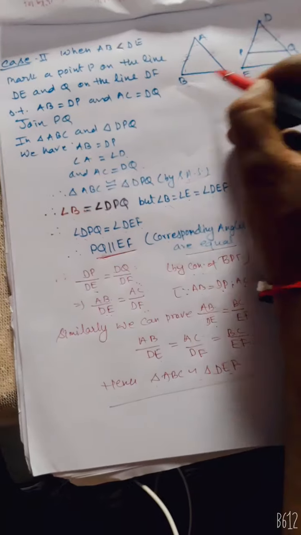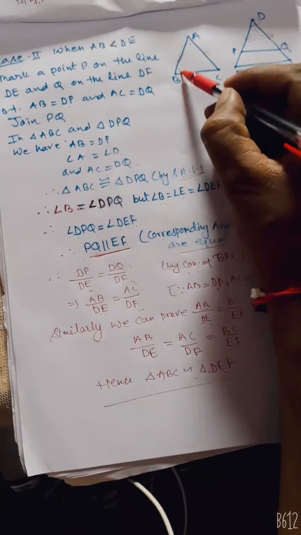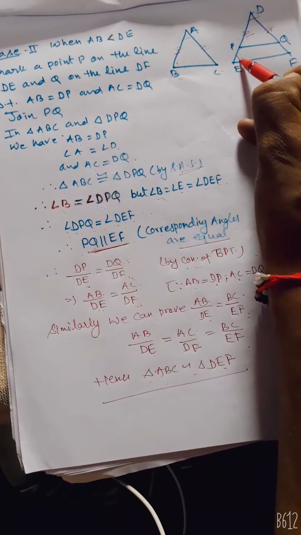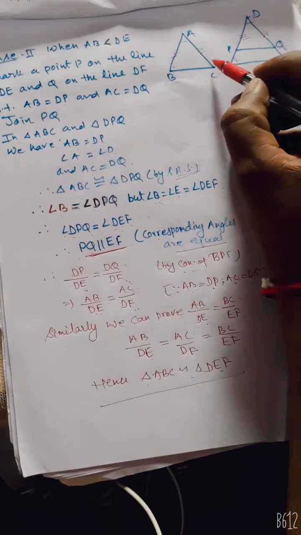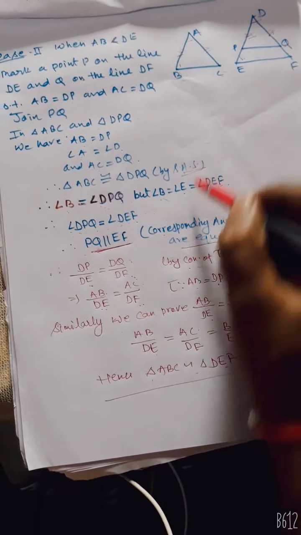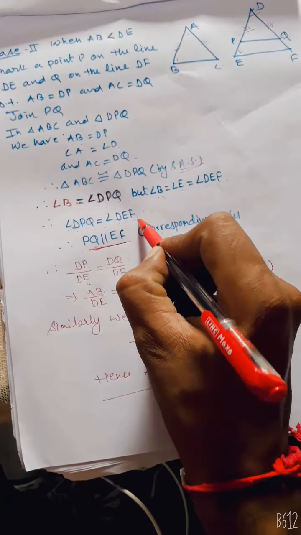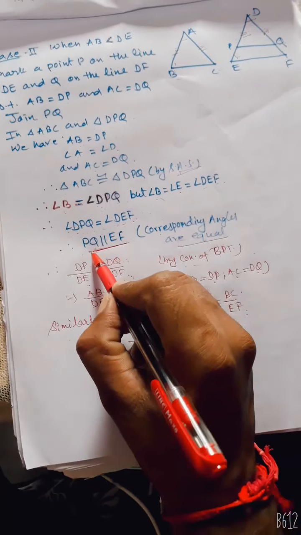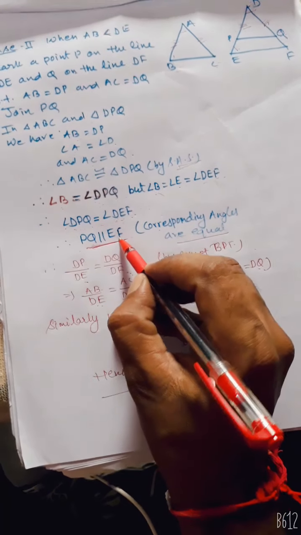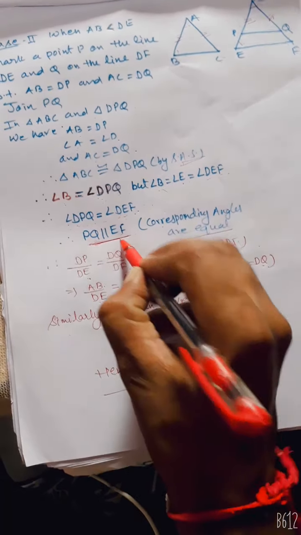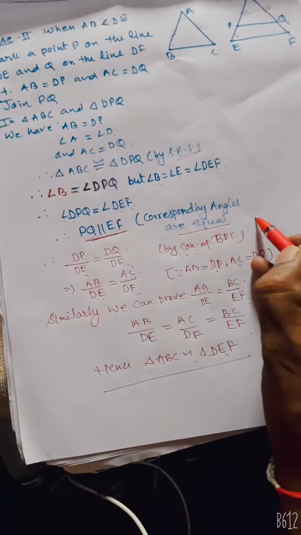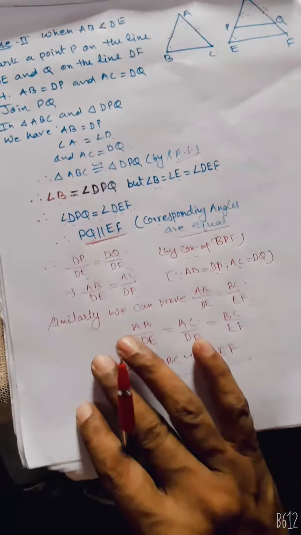That is angle B equals angle P, but angle B is given equal to angle E and angle C equal to given angle F. That means we can say angle DPQ equals angle DEF, which gives us PQ parallel to EF. Corresponding angles are equal, so we can say they are parallel.